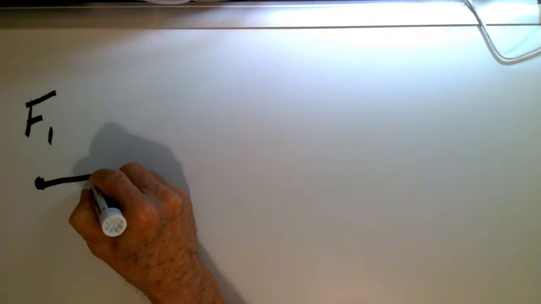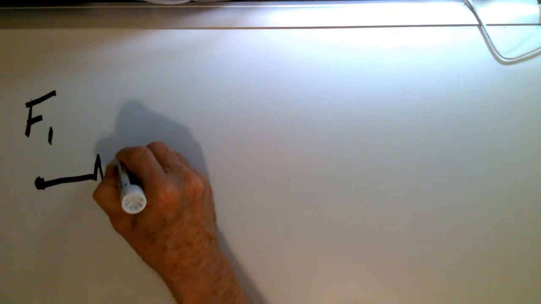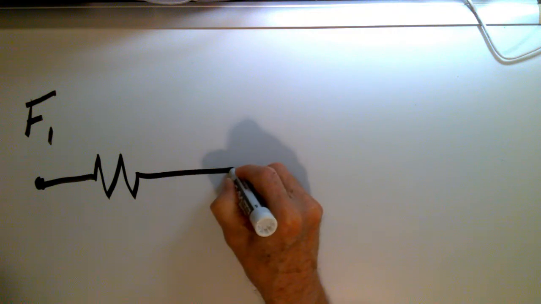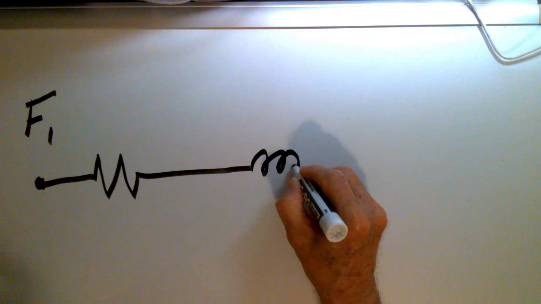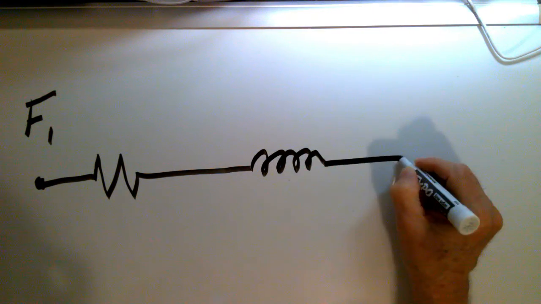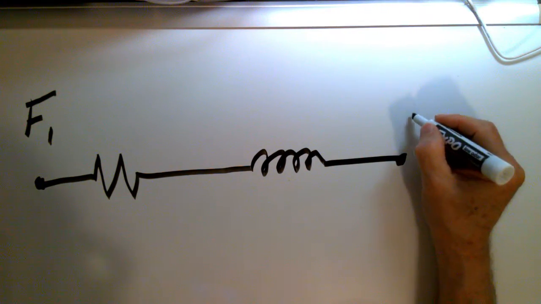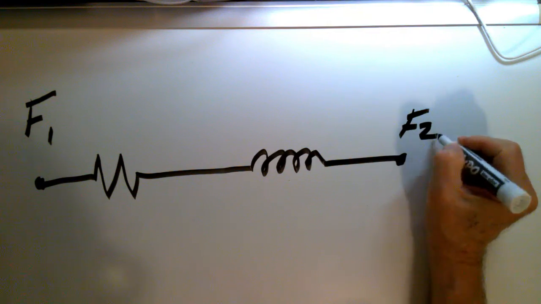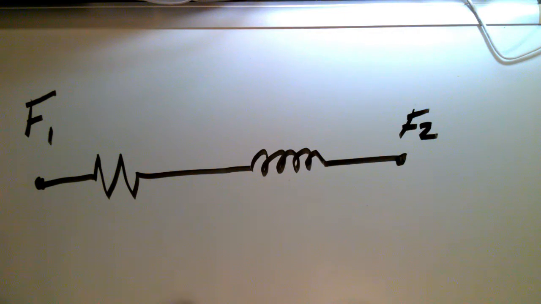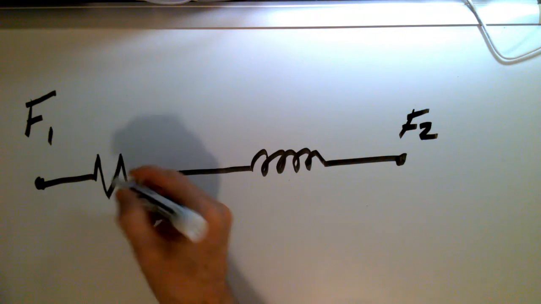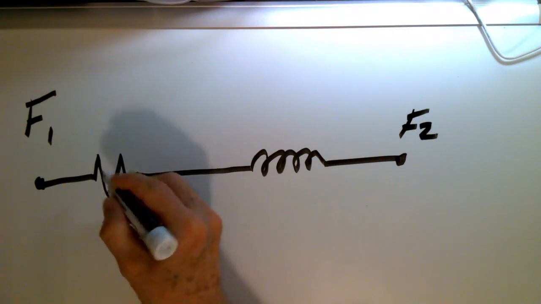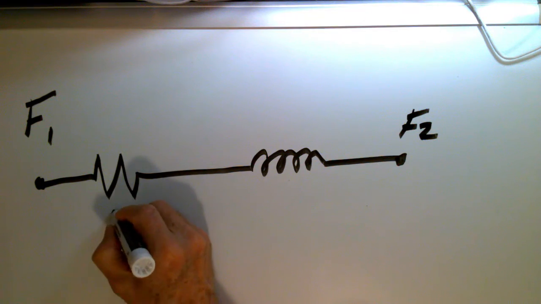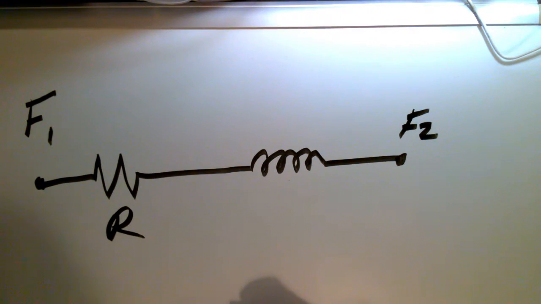So let's model the wire as having a resistance, and it has a coil. Now we have lumped the resistance of the wire. It is not lumped, but we can model it that way as resistance R.